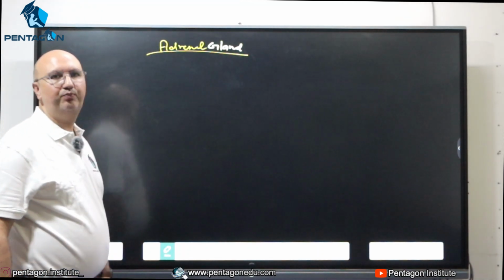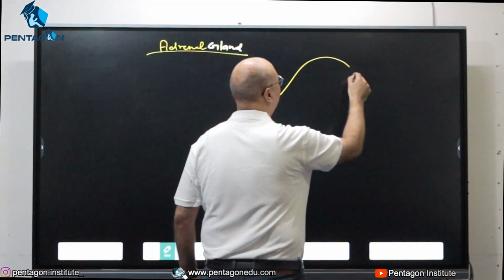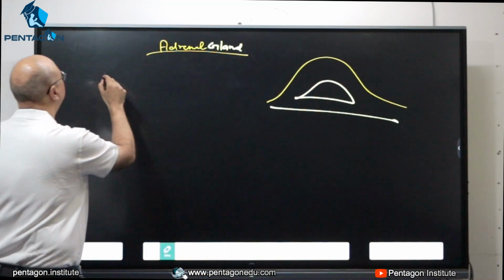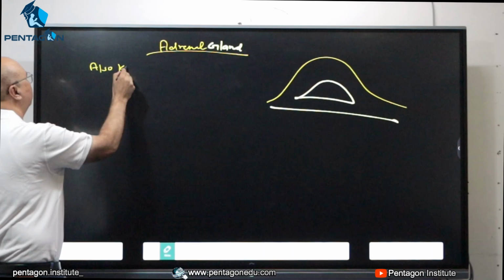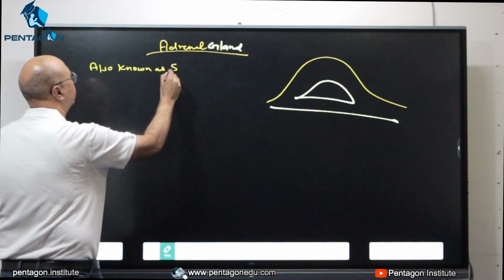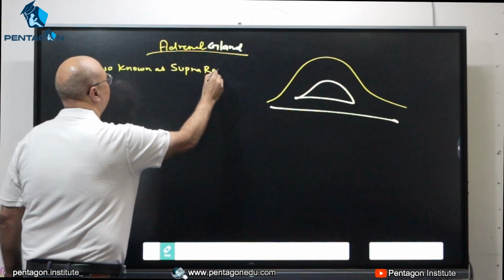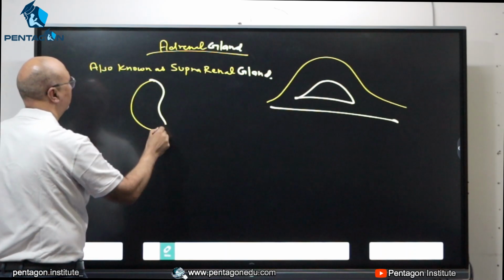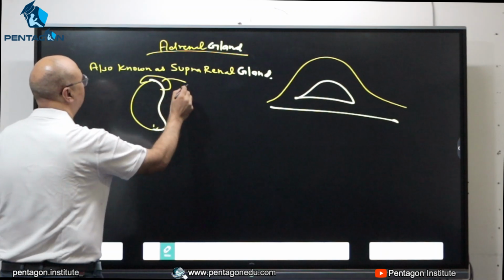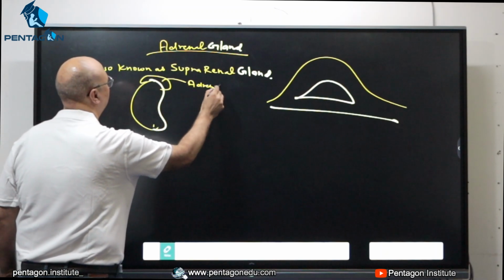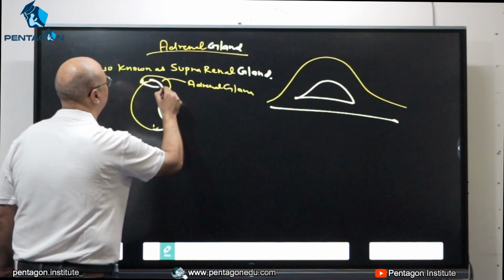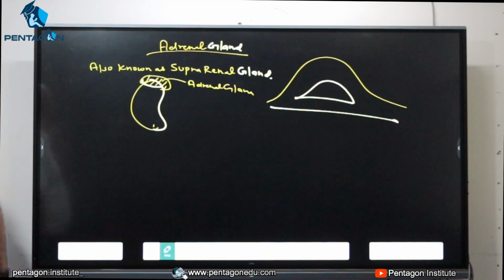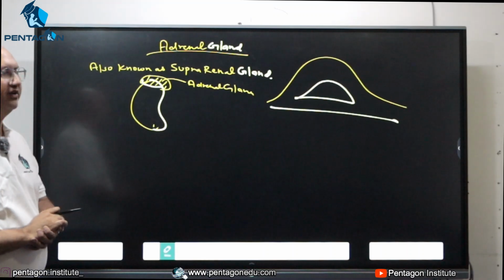It is also known as the suprarenal gland because it is present on the superior side of the kidney.